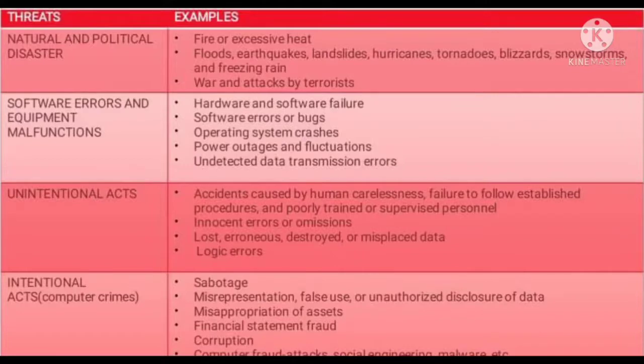The last threat to accounting information systems is intentional acts. Intentional acts such as computer crime, fraud, or sabotage, which is deliberate destruction or harm to a system. Information systems are increasingly vulnerable to attack.